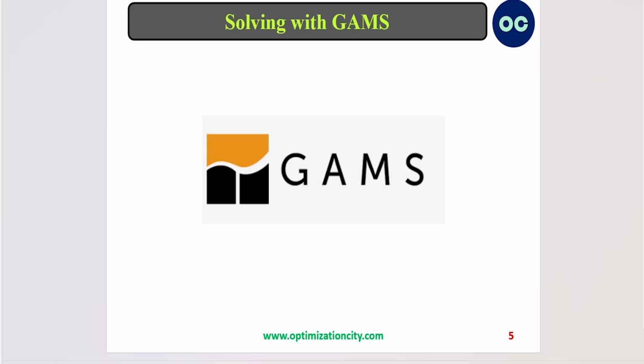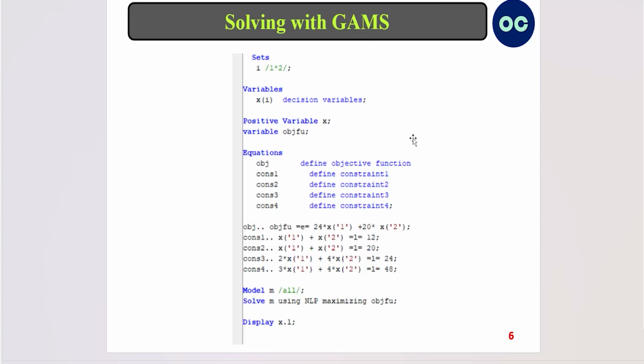To solve the model using the GAMS software, we do the following. This is the code in GAMS for solving the model. We have i equal to 1 and 2. We have two variables, x1 and x2.